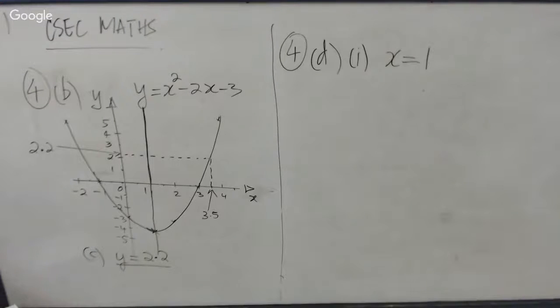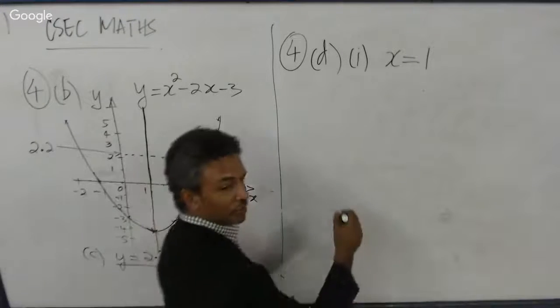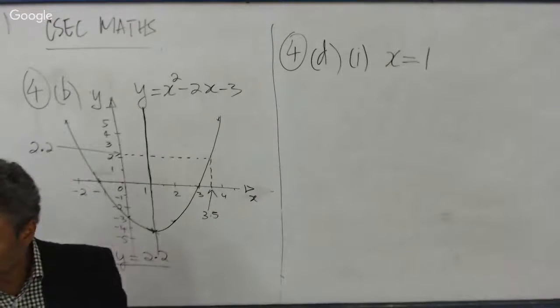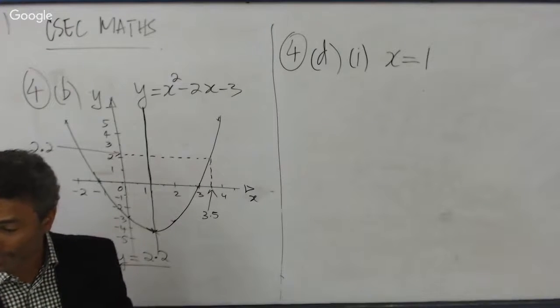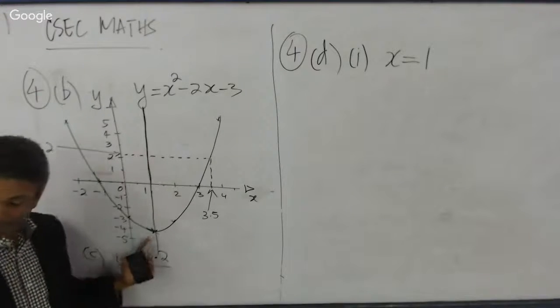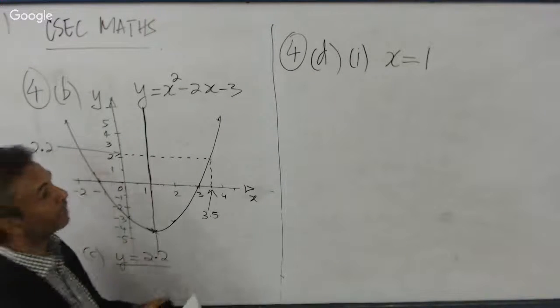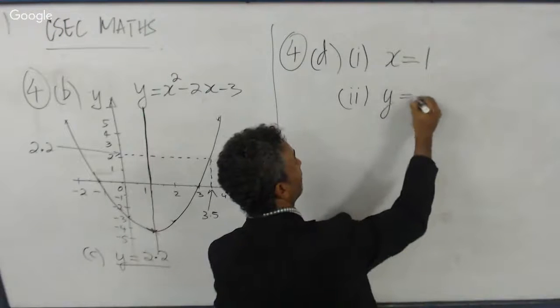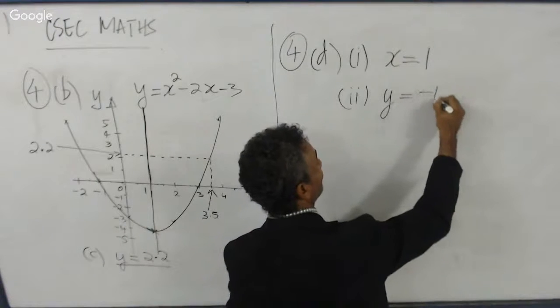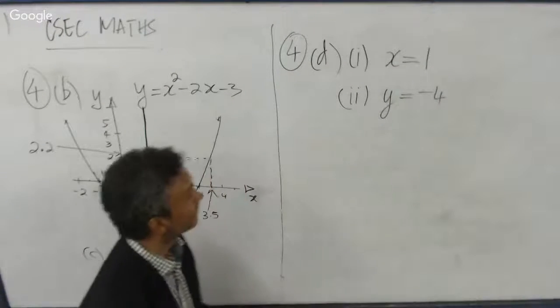I don't think it will be negative 4. No, shouldn't be negative 4 because it passed negative 4 and goes down. It must turn after negative 4 unless you have a flat. Oh, is this one? Sorry. Y equals negative 4. Minimum value.